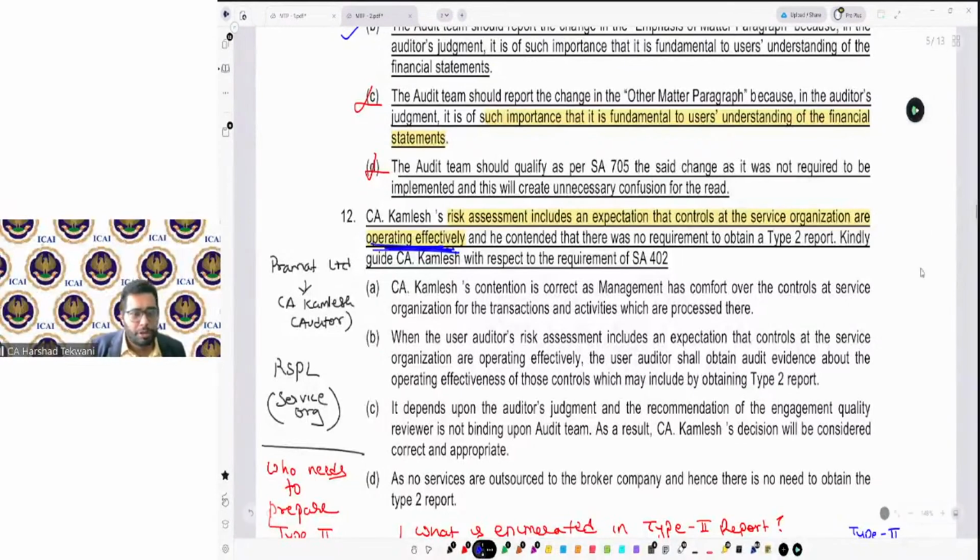Now coming to the question, is there any alternative to the type 2 report? Yes, there are alternatives. So there are three things you can do. When you want to have an understanding of operating effectiveness, OE can be obtained in three ways. One is the type 2 report that we saw.